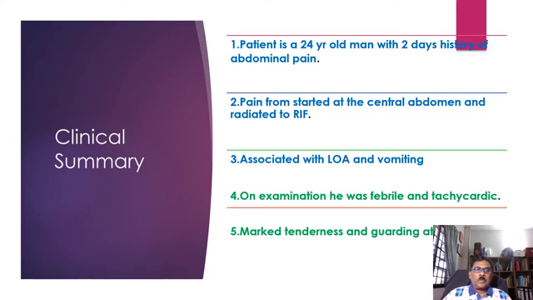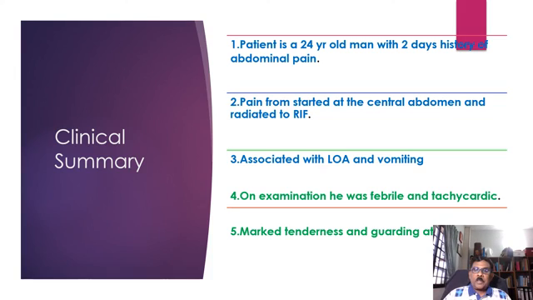So we make a short summary, a clinical summary of 5 sentences, which I think is more than enough for this patient. First, a 24-year-old man with a 2-day history of abdominal pain. Then the nature of pain: central abdomen radiating to the RIF, associated with loss of appetite and vomiting.